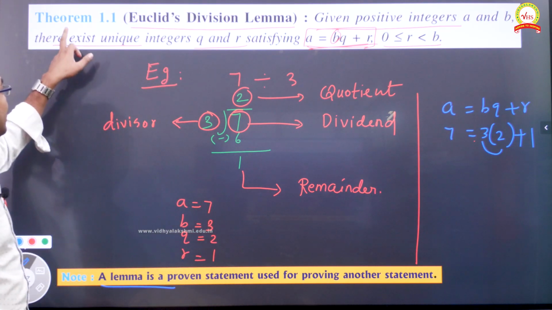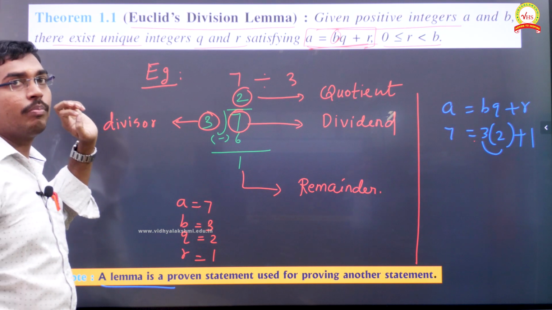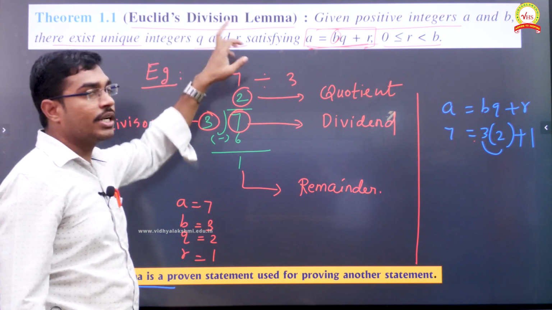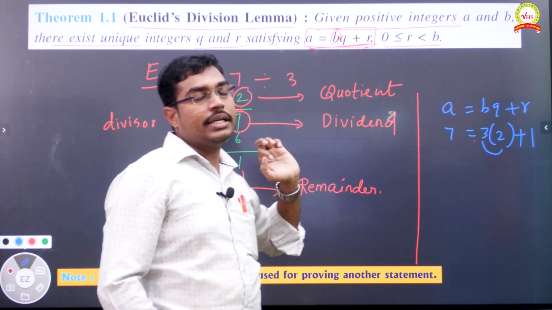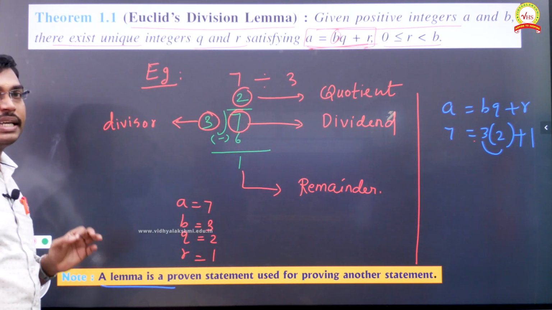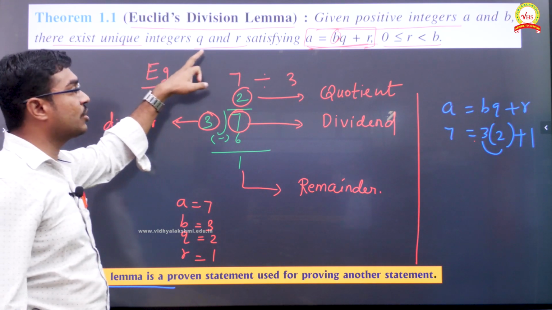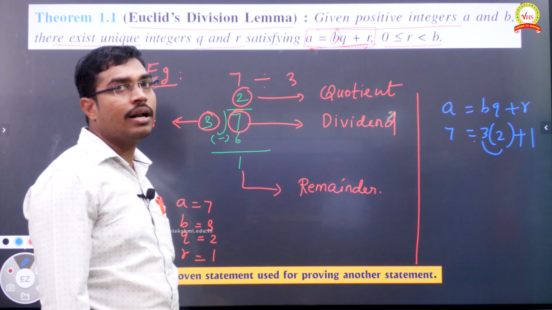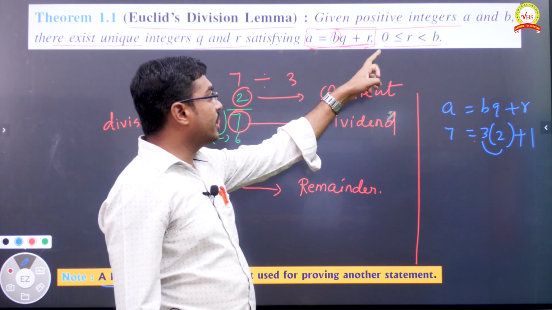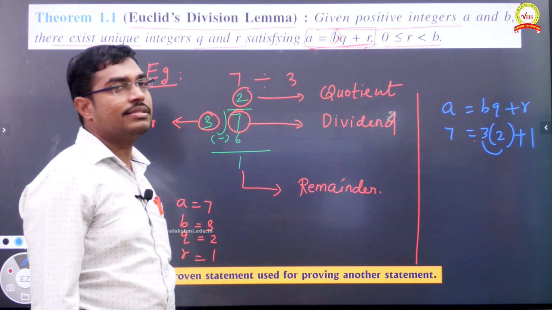Okay, so recall it, theorem number 1.1. This is Euclid division lemma, one of the very important ones. Given positive integers a and b, there exist unique integers q and r satisfying a equals bq plus r, 0 less than or equal to r less than b.